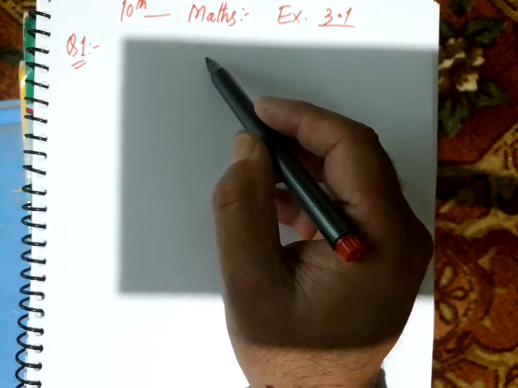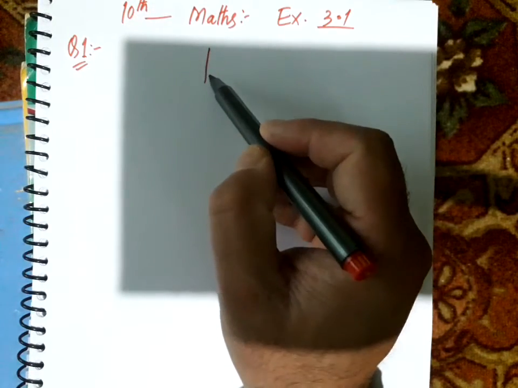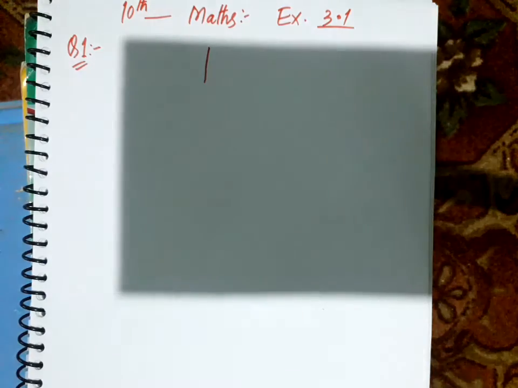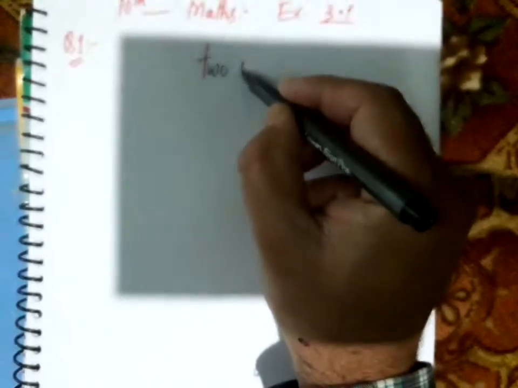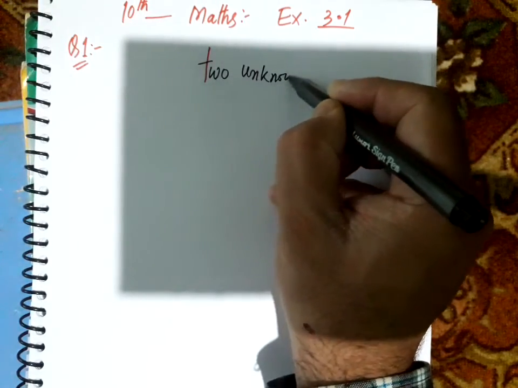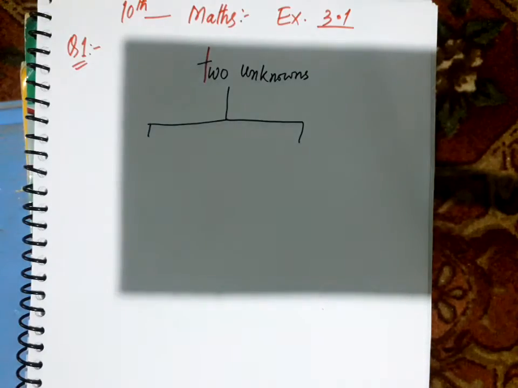Let us denote the unknowns by two variables. So we have two unknowns. Number one is the present age of Aftab.